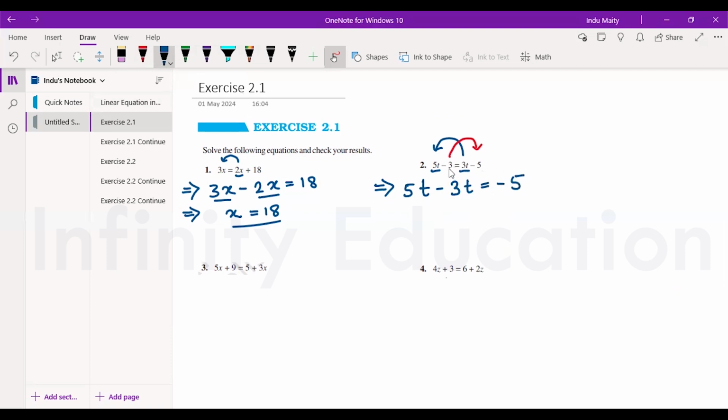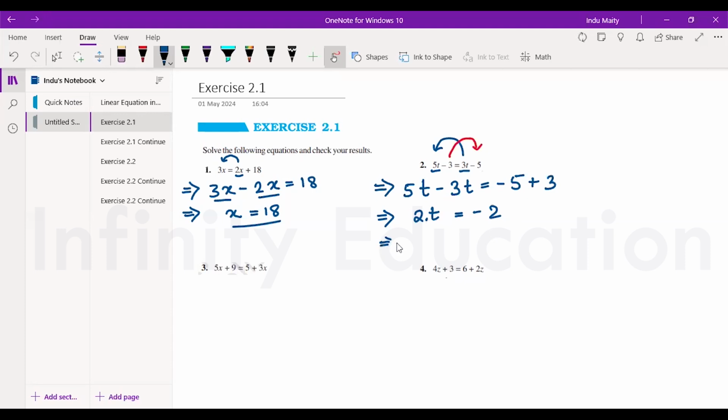And this negative 3, if I take it to the right side, will be positive 3. Now, 5t minus 3t is 2t is equal to minus 5 plus 3, which is minus 2. Now what we can do is take this 2 to the right side, because we know that if something on the left side is a multiply, when we take it to the right side, that will be divide.